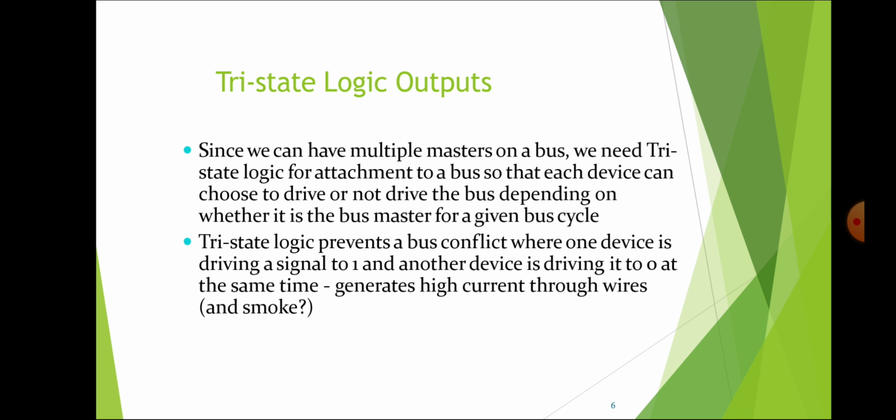Then we generate high current through the wires. Both devices are transmitting data on the same wire, and sometimes one is 1 while the other is 0, so there will be a conflict and high voltage will be generated. To prevent this, we use the tri-state logic.